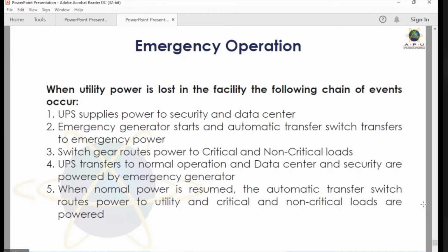Okay, and then when the power is back again, it will transfer back to the utility and then it will again have the normal operations, and all the critical and non-critical loads will be operated from the utility. So it's just like the home: तपाईको घरमा जसरी बत्तीहरु, कम्प्युटरहरु इन्भर्टरबाट चल्छ हैन, more or less is the same case with the data centers.